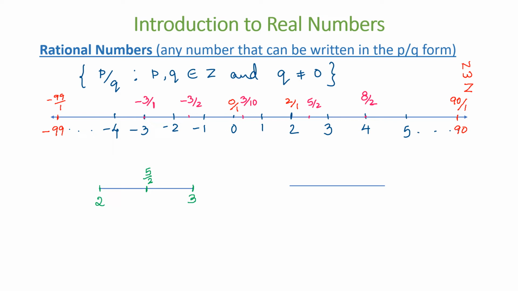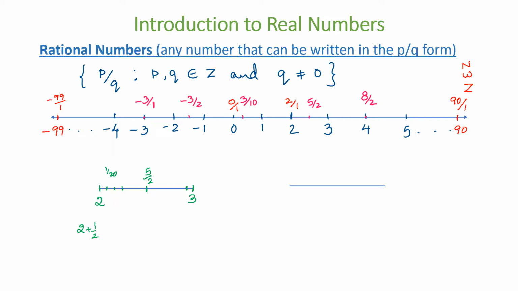And if I divide the distance between 2 and 3 into 20 parts, then the first part is going to be equal to 1 by 20, or it is actually going to be equal to 2 plus 1 by 20, because this is already 2. So I am going to have over here 2 plus 1 by 20.